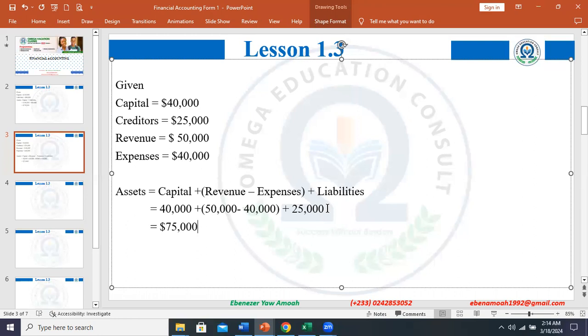You can use the balance sheet, but then the revenue and expenses are not balance sheet items. They go into a financial statement we call the profit and loss account. What goes into the balance sheet is the profit or the loss. So if you wanted to prepare a balance sheet, this is how you could have gone about it.